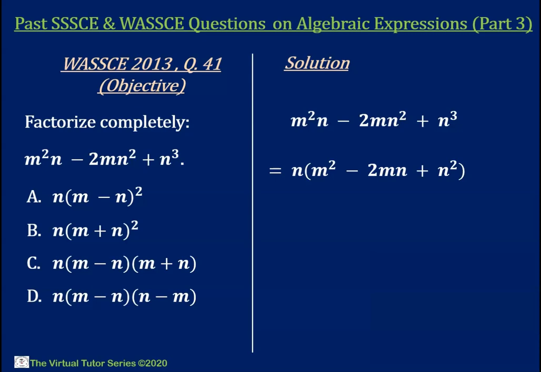The product of the coefficient of m squared and n squared is 1 times 1, which is 1. And two factors of 1, which sum up to the coefficient of mn, or -2, are -1 and -1.